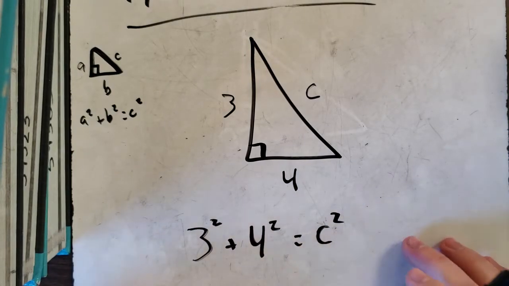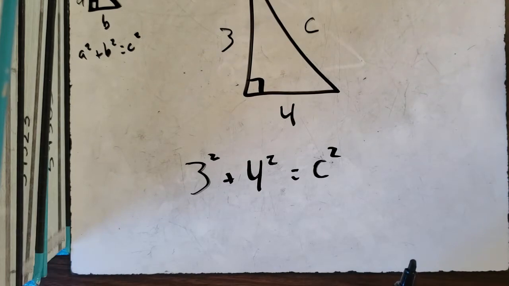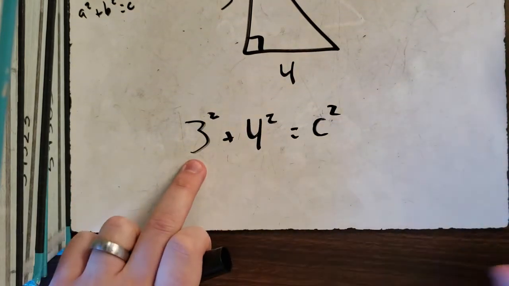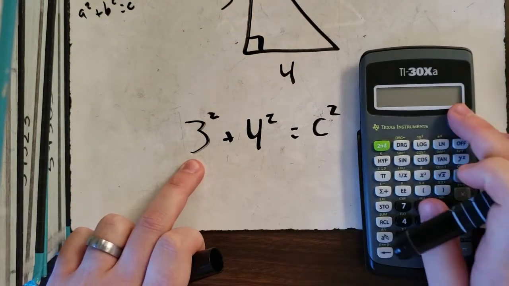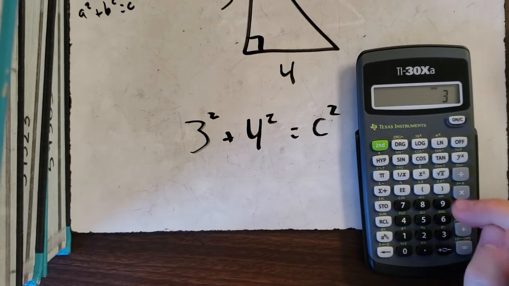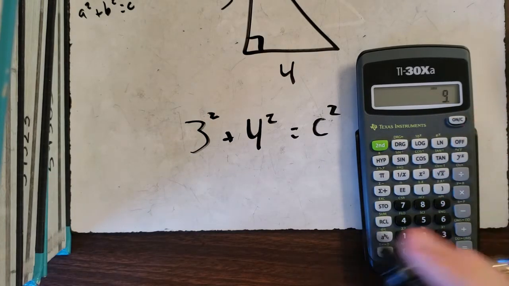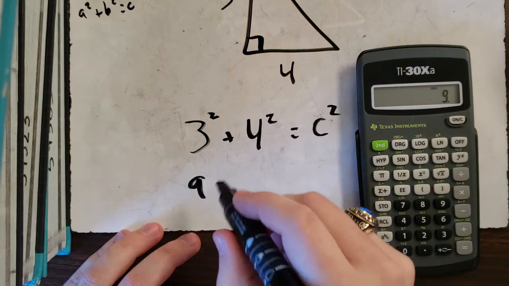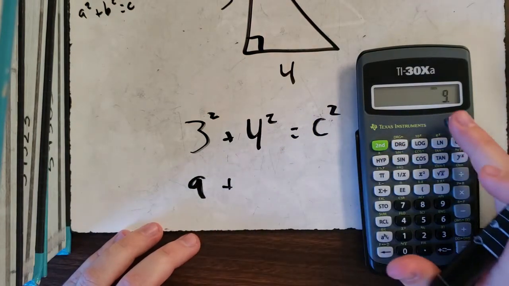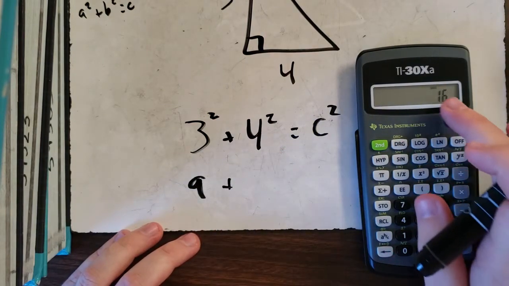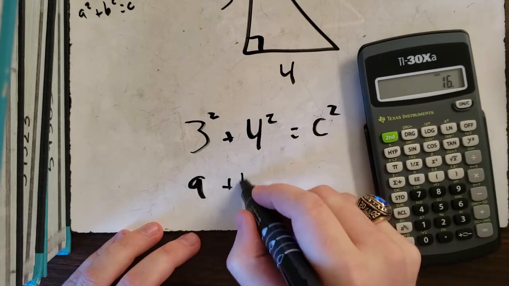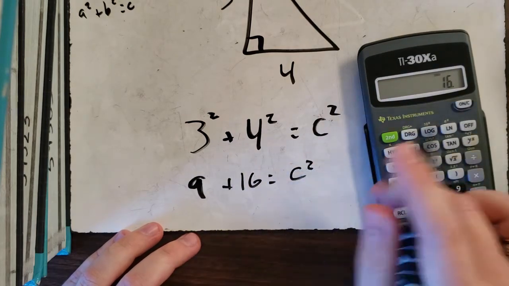Now, we just do the math. If you have a calculator, 3 squared equals 9, plus 4 squared, which equals 16, and that equals C squared.